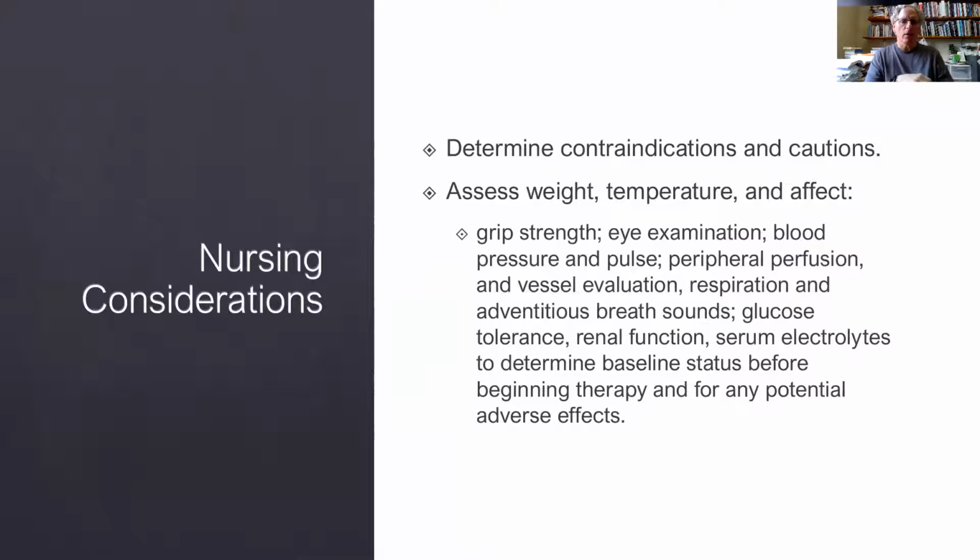Ascertain grip strength, do an eye examination, blood pressure and pulse, peripheral perfusion and vessel evaluation, respiration and adventitious breath sounds, make sure there's no fluid in the lungs, look for glucose tolerance and baseline blood glucose levels, renal function, and serum electrolytes to determine baseline status before beginning therapy, and also to detect potential adverse effects.